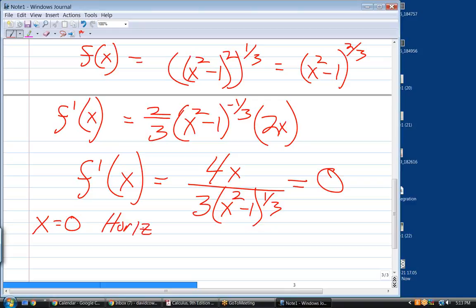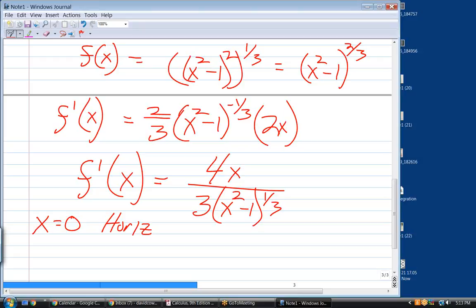And where do vertical tangent lines come? When the first derivative is what? I guess it would be 1. Or wait, no, not 1. No, infinite, which comes when you divide by 0. So now you only care about the denominator. What makes the denominator 0?